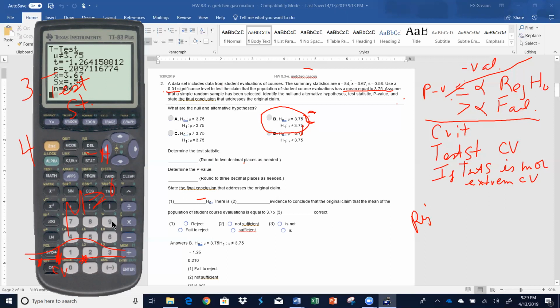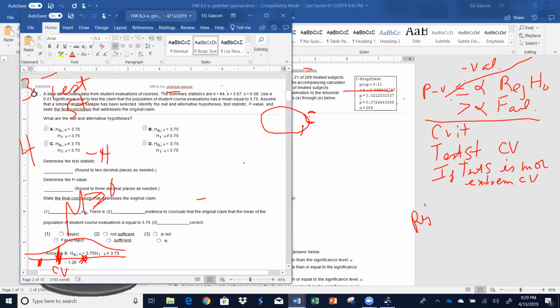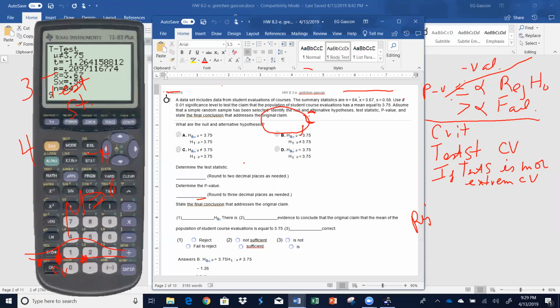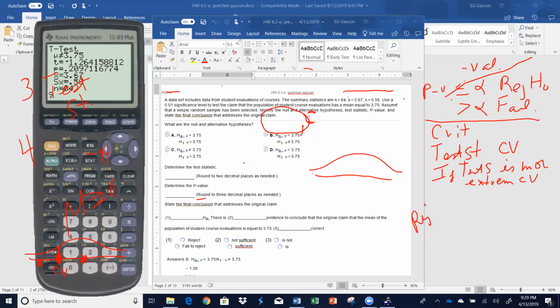Okay. You see the t-value? Negative 1.26. Okay, so if I picture this on a continuum here, this is a standard normal curve.